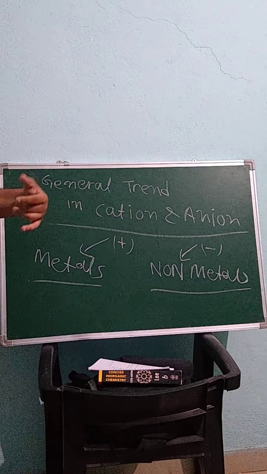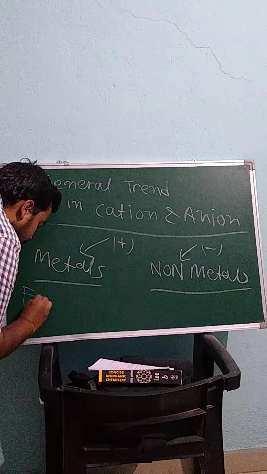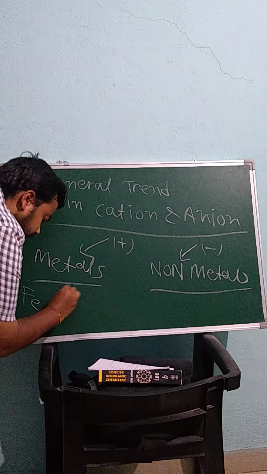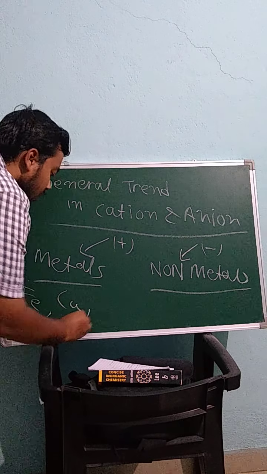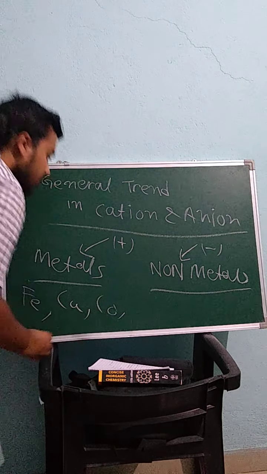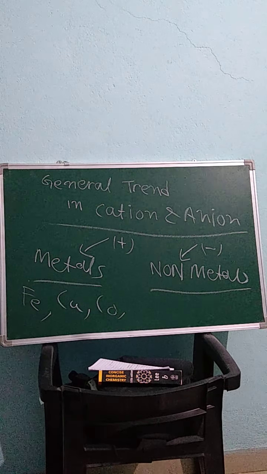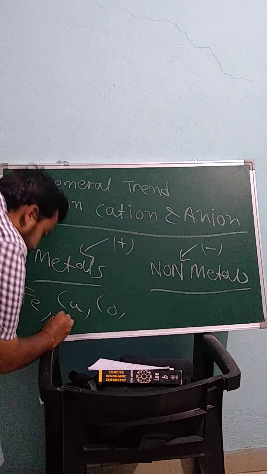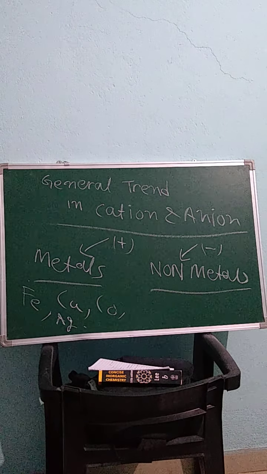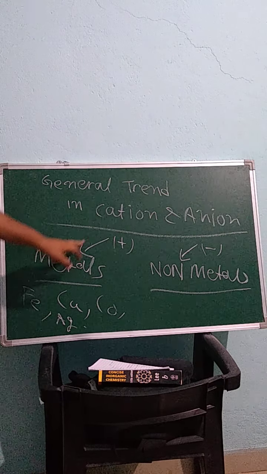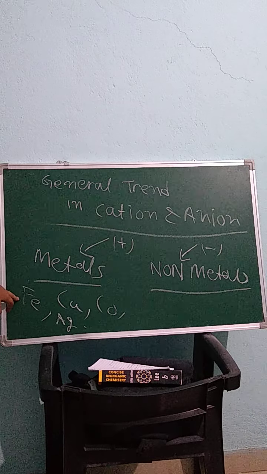Means when there is a metallic element like iron, or you can say copper or cobalt, or even any other metal like silver, gold, etc. So these atoms always tend to form cations, means they like to lose electron.